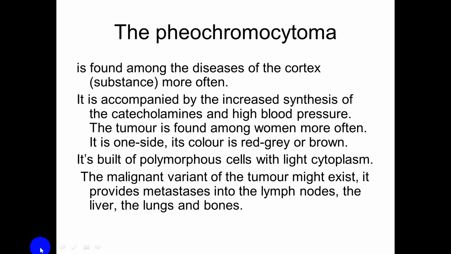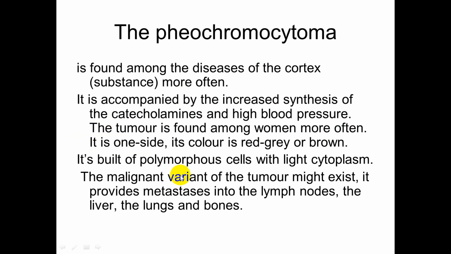Next pathology of the adrenal gland with injury of the medulla substance, pheochromocytoma, is found among diseases of the cortex substance more often. It is accompanied by increased synthesis of catecholamines and high blood pressure. The tumor is found among women more often.